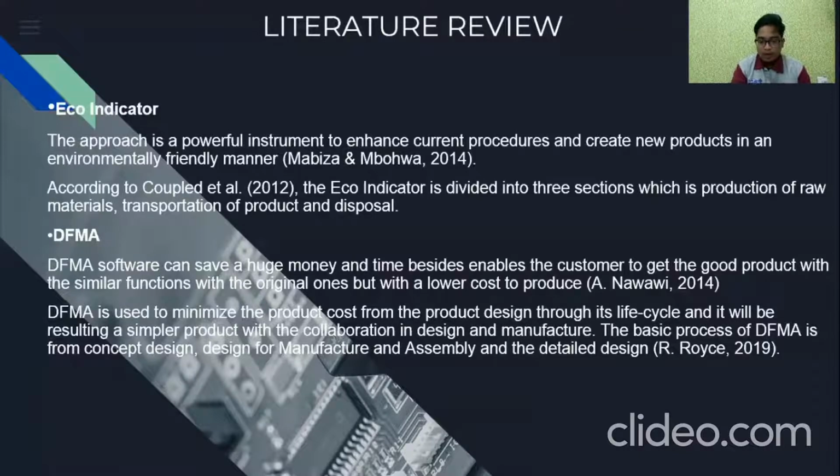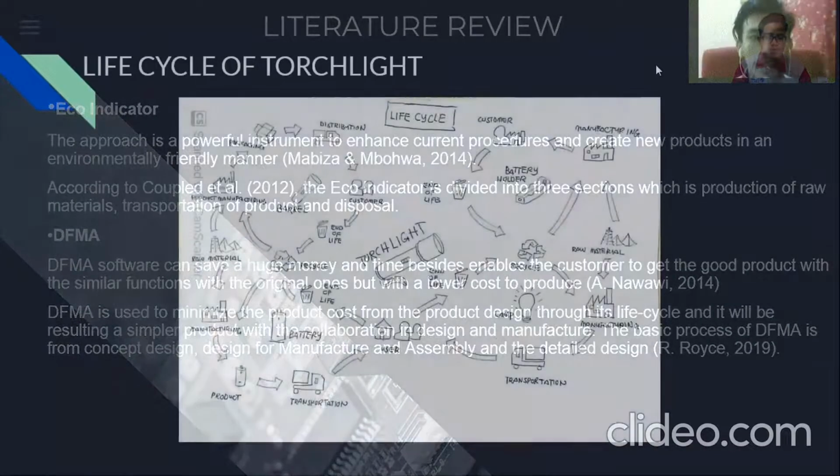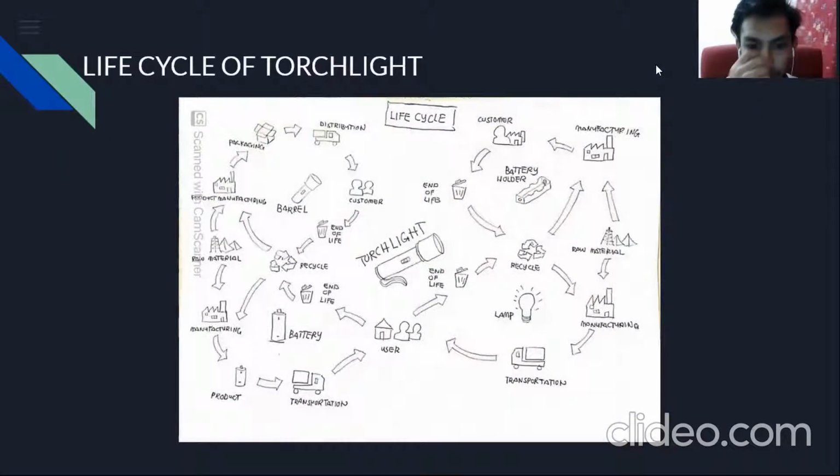And the DFMA is used to minimize the product cost from the product design through its life cycle, and it results in a simpler product with collaboration in design and manufacture. The basic process of the DFMA is from concept design, design for manufacturing and assembly, and the detailed design, by Royce.